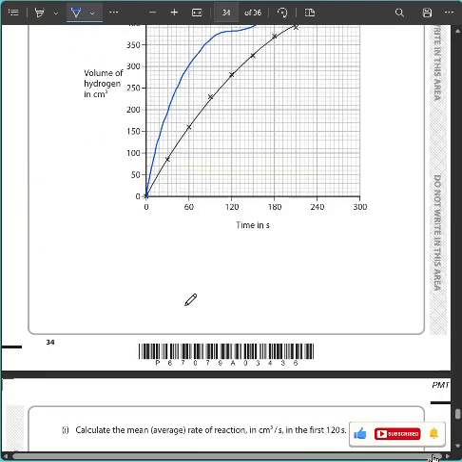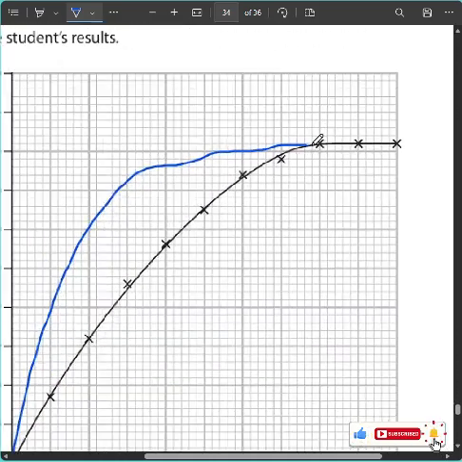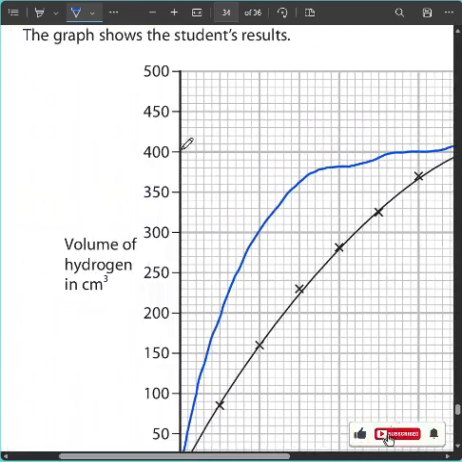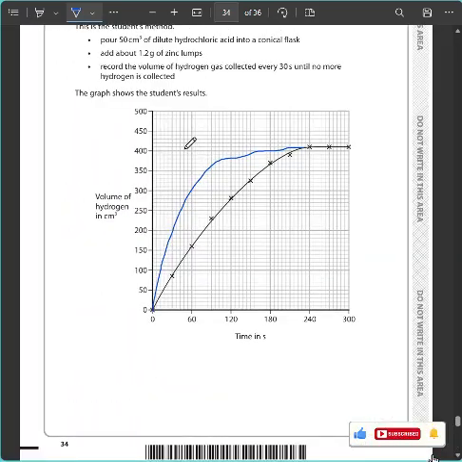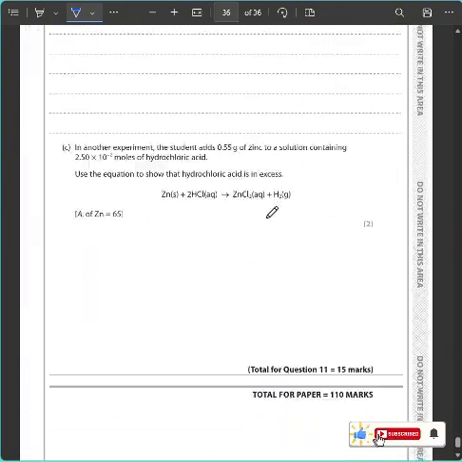But make sure that it stops at 410, because the rate of reaction does not affect the volume of hydrogen produced.